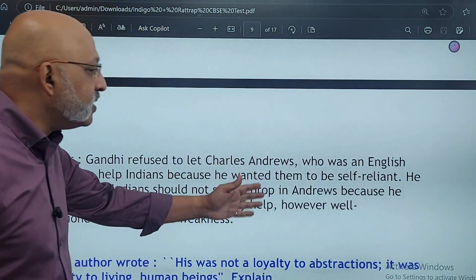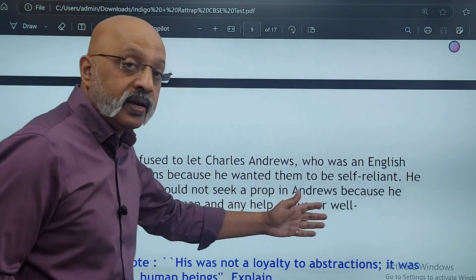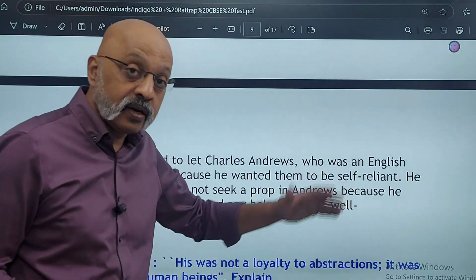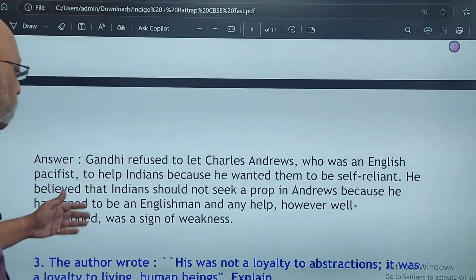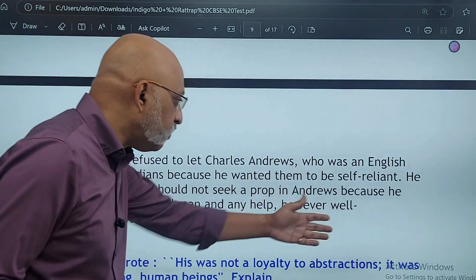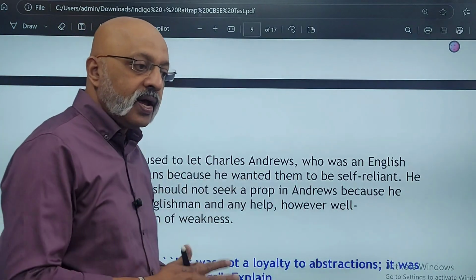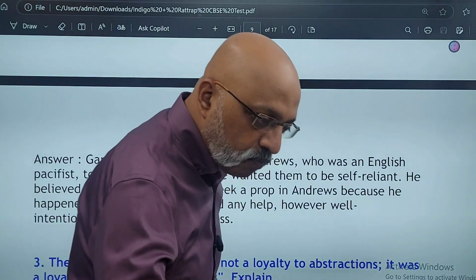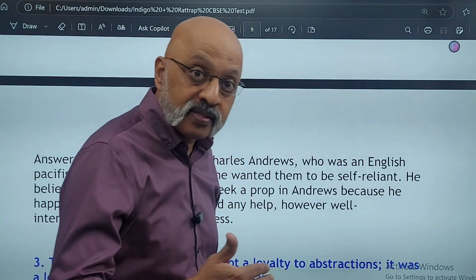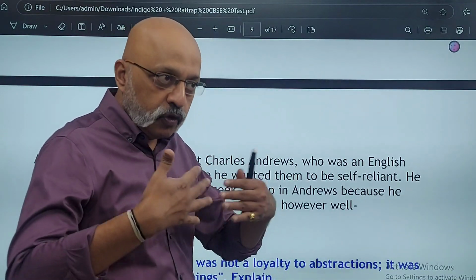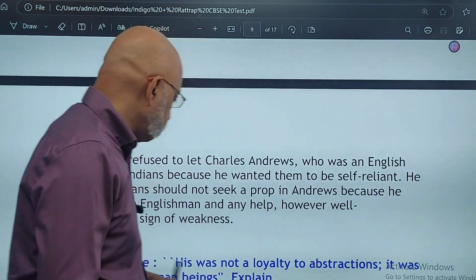He believed that Indians should not seek a prop in Andrews because he was fair-skinned, a foreigner, a non-Indian, an Englishman, and any help, however well-intentioned, was a sign of weakness. So he wanted this entire Satyagraha movement to be led and fronted by Indians, so that it instills a sense of self-reliance and independence.